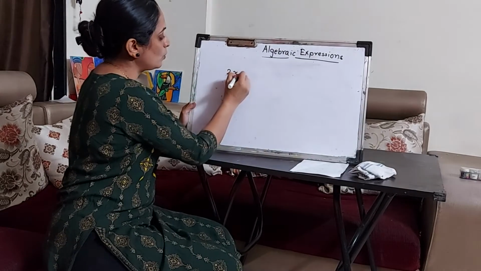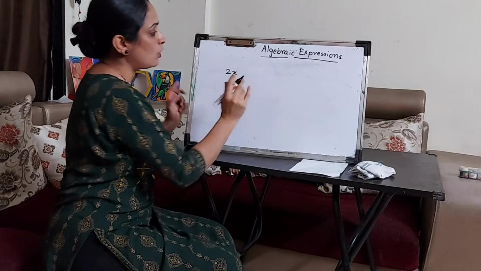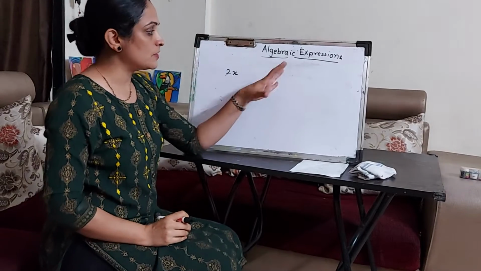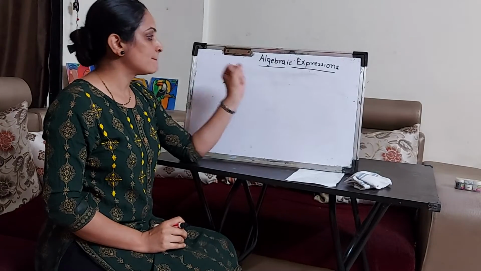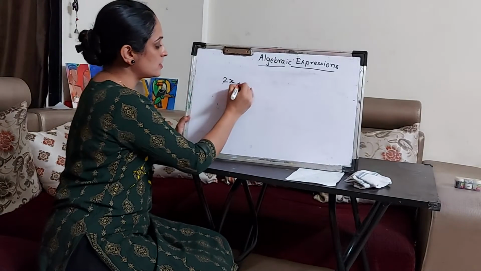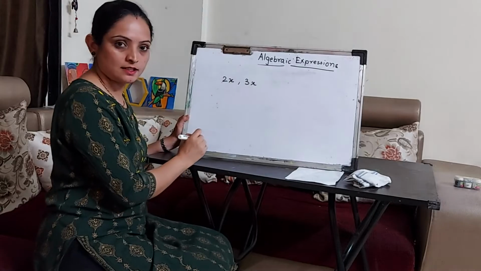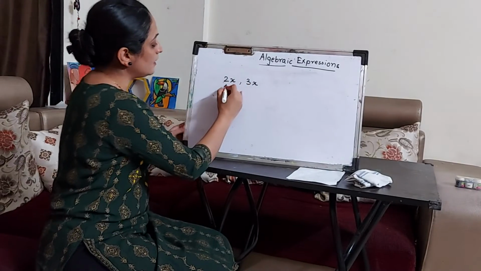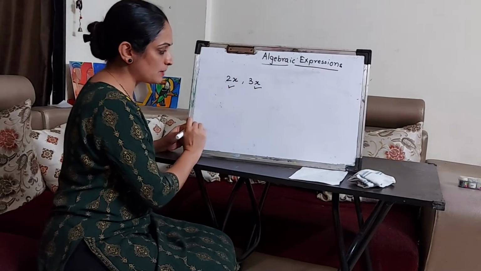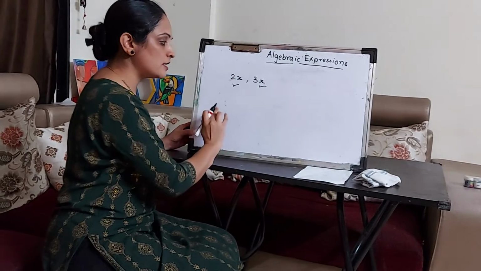Before going to the actual types, we just see the different forms of an expression. Those are like and unlike. Suppose 2x, 3x. Okay, here if we observe carefully, what happens? Here x and x are present, and the power is also the same.